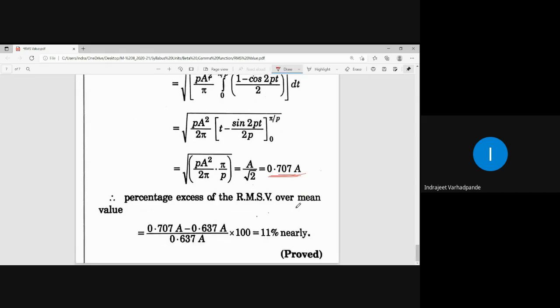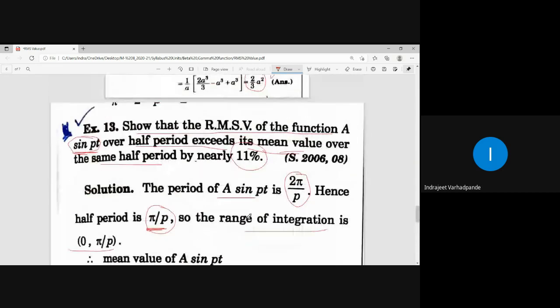Larger minus smaller upon smaller. ये मैंने आपको फंडा बताया था. Larger minus smaller upon smaller as a percentage is calculated, multiplied by 100. So percentage excess of RMS value over mean. Now if this is not on time clicked by you or if you are not able to recollect how it is to be calculated, क्या excess दिखाना है?